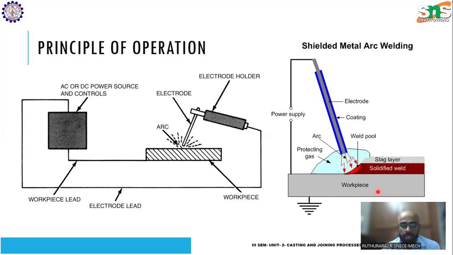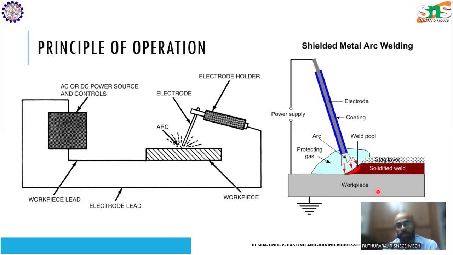When oxygen is introduced to any metal, oxidation takes place. If iron gets oxidized, it becomes iron oxide, which is completely useless. By welding, we would be oxidizing the metal, which is undesirable.